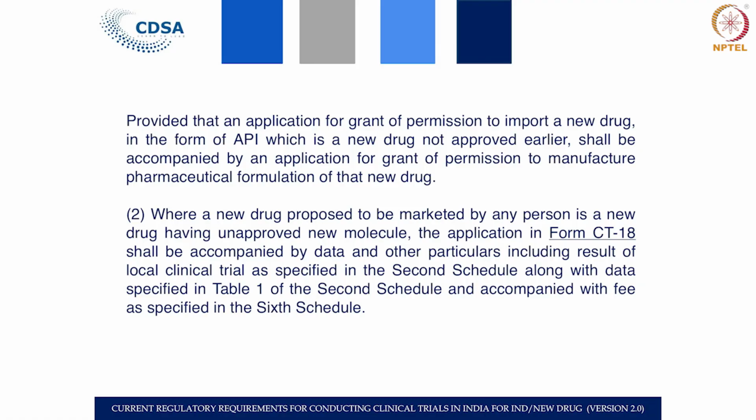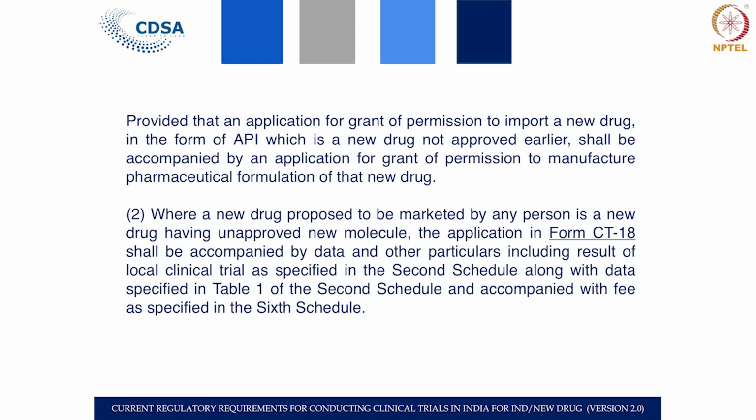Then the various other studies like the toxicological study, animal toxicity study, the pharmacodynamic studies as well as the clinical trial which you have done. All this comes into the submission requirements in table 1. The documents which you have to submit are clearly specified in the 2nd schedule under table 1. So, this is the documentation requirement when you are applying for a drug which is not approved earlier.